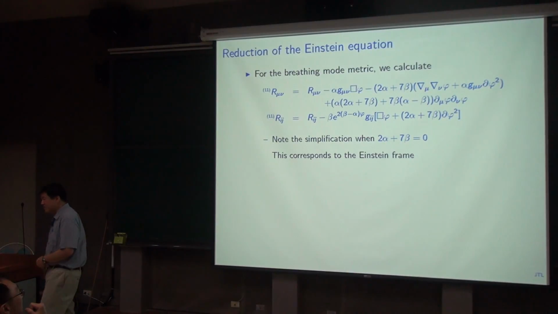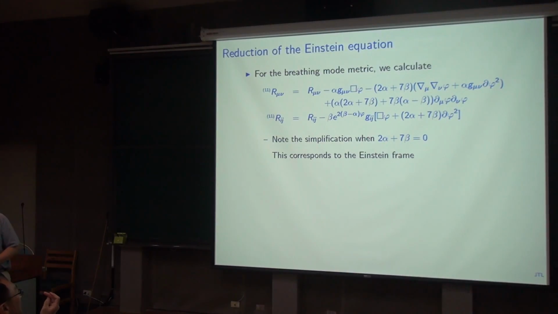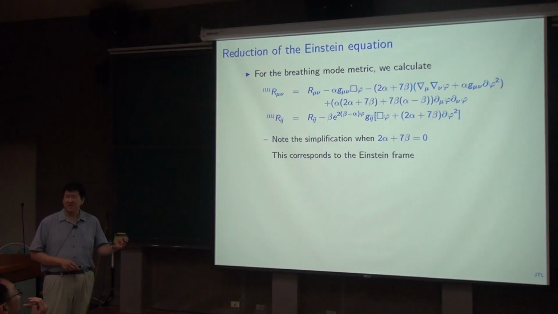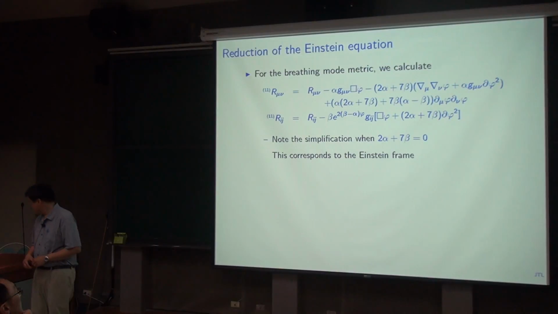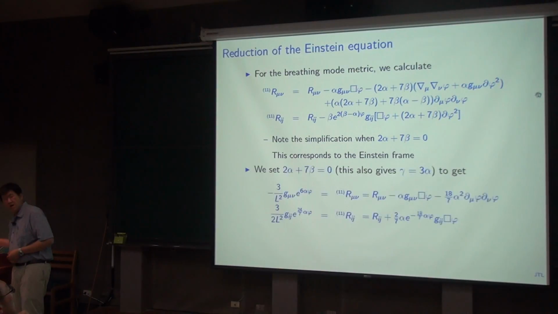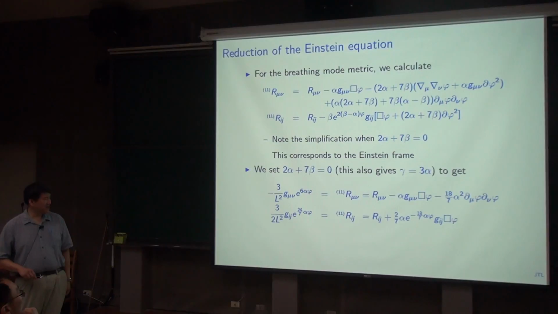It turns out that this choice corresponds to what's called the Einstein frame reduction, in which case my 4-dimensional Einstein-Hilbert action is canonical. It doesn't have a Brans-Dicke, or a scalar factor in front of it. So make that choice. Once I've fixed alpha and beta, then gamma gets fixed as well. So let's say I can rewrite everything in terms of alpha.